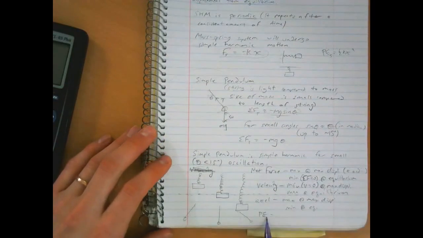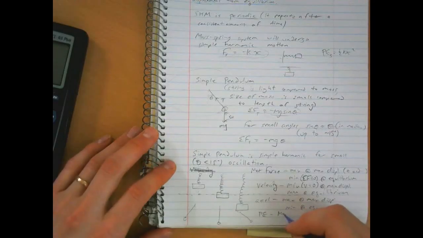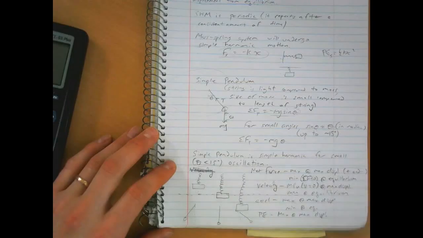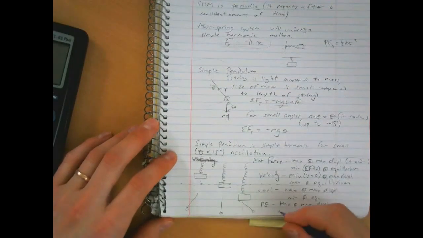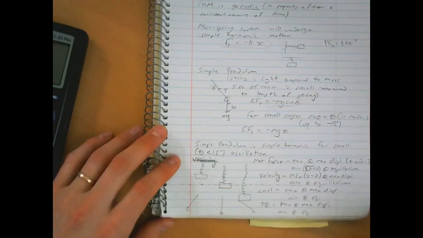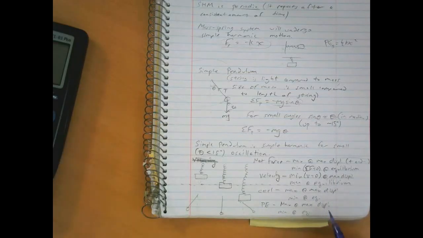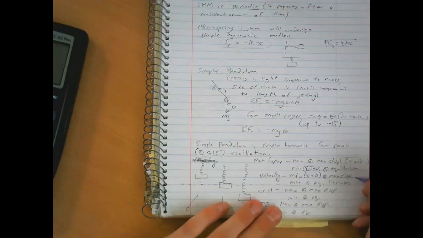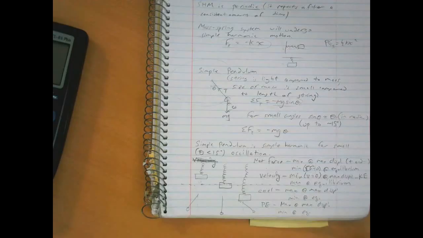So spring potential energy is also a maximum at maximum displacement and is a minimum at equilibrium. And then, of course, the opposite of that is kinetic energy. Kinetic energy is going to go right along with velocity, where it has a minimum at maximum displacement and a maximum at equilibrium.